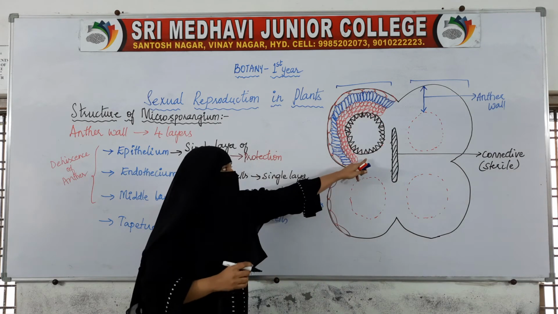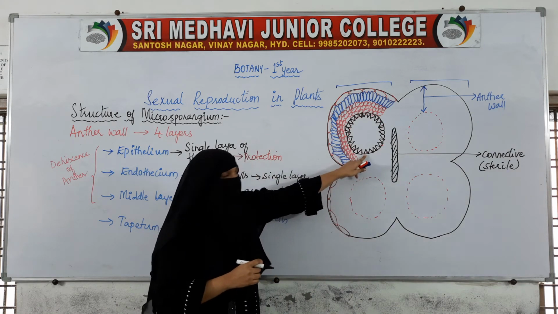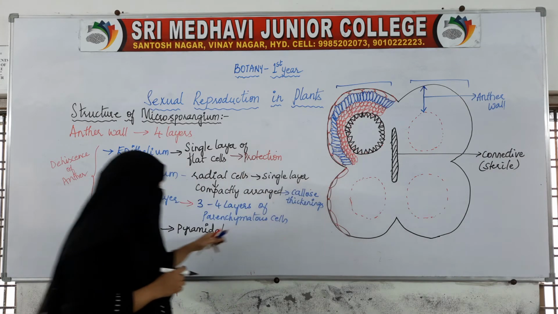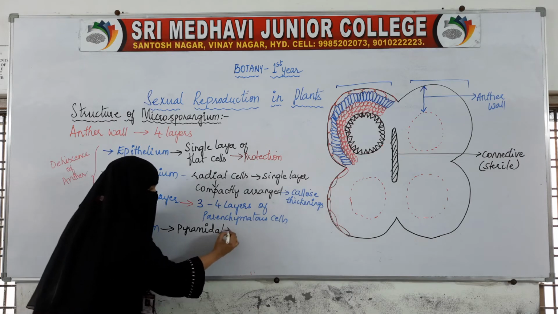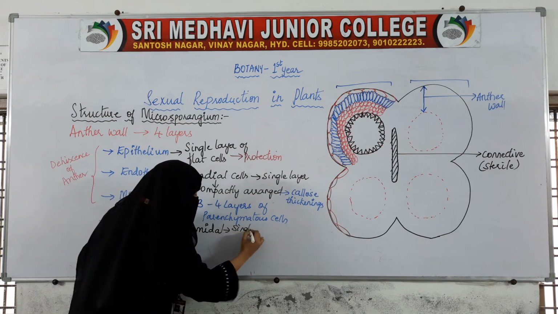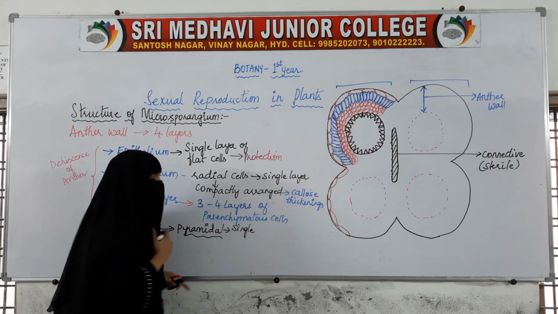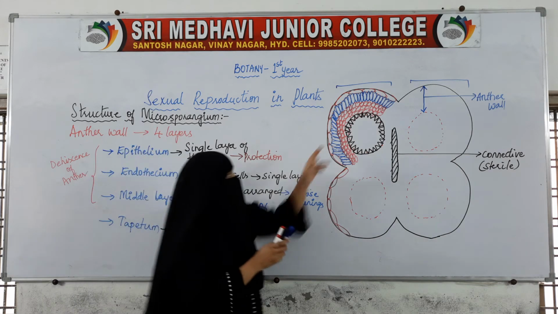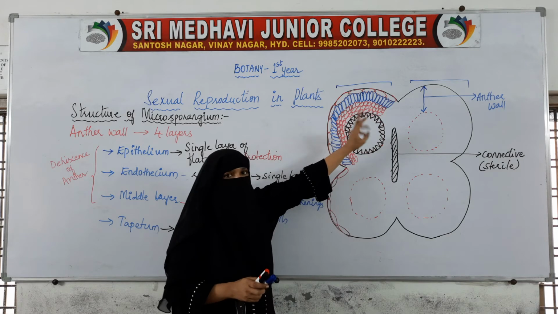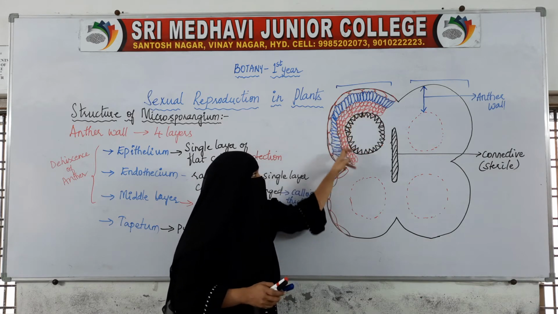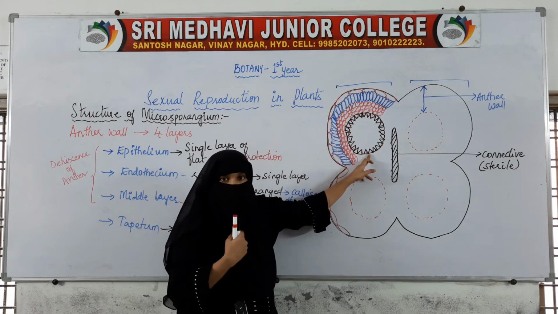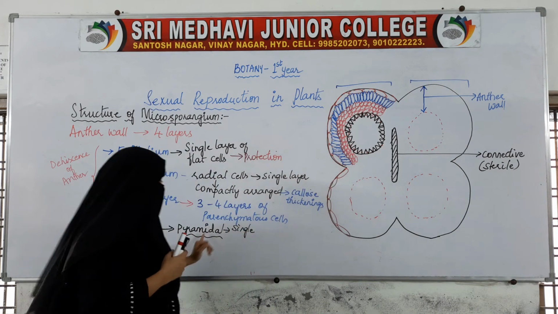So this is the fourth layer, the tapetum, made up of a single layer of pyramidal shaped cells.